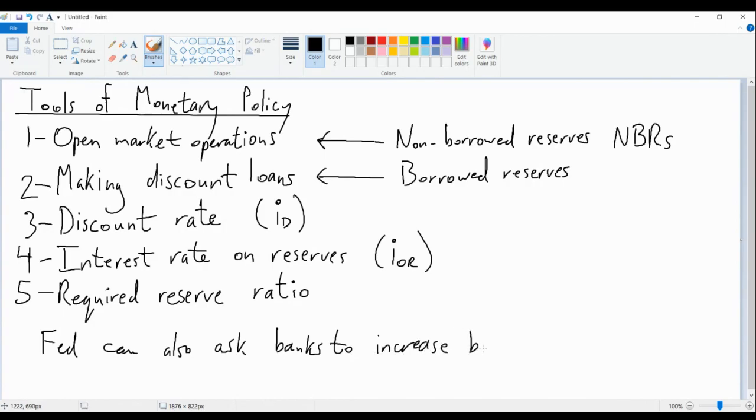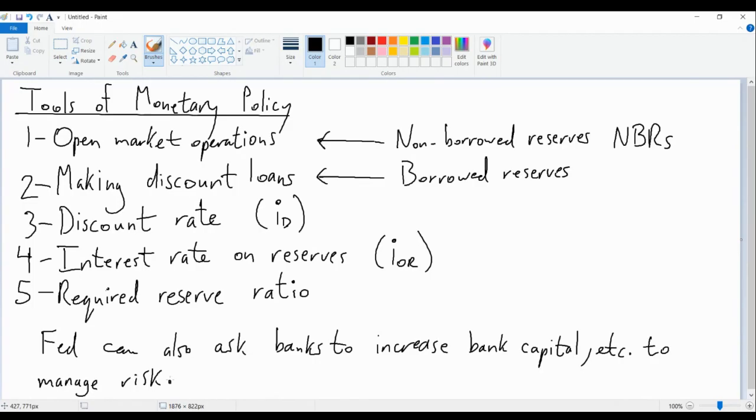If the Fed thinks that banks are doing something very risky, they could tell them, you have to boost your capital, and so on. And remember, that's not monetary policy. That would be something they would be doing because they're trying to manage risk or uncertainty.